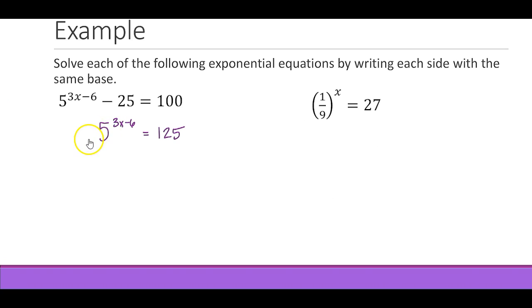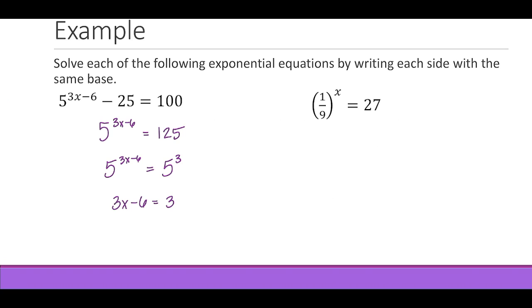The left side already has a base of 5, so it's 5 to the 3x minus 6, but the right side can be rewritten as 5 to the third. So now, since they have the same base, I can essentially set their exponents equal to one another. So I can solve when is 3x minus 6 equal to 3.